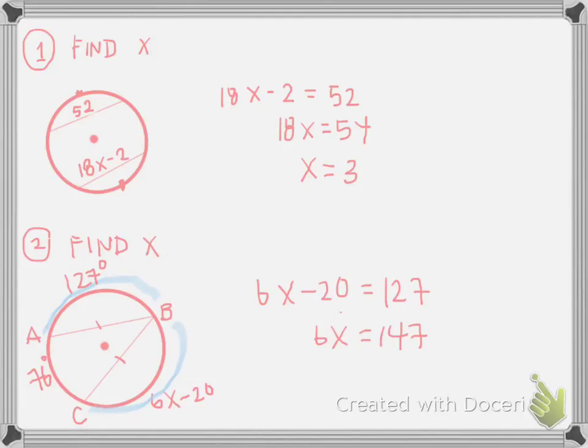Let's see. I can't add or subtract. So it'd be 162, sorry guys. And then divide that by 6. So x here is going to be equal to 27.